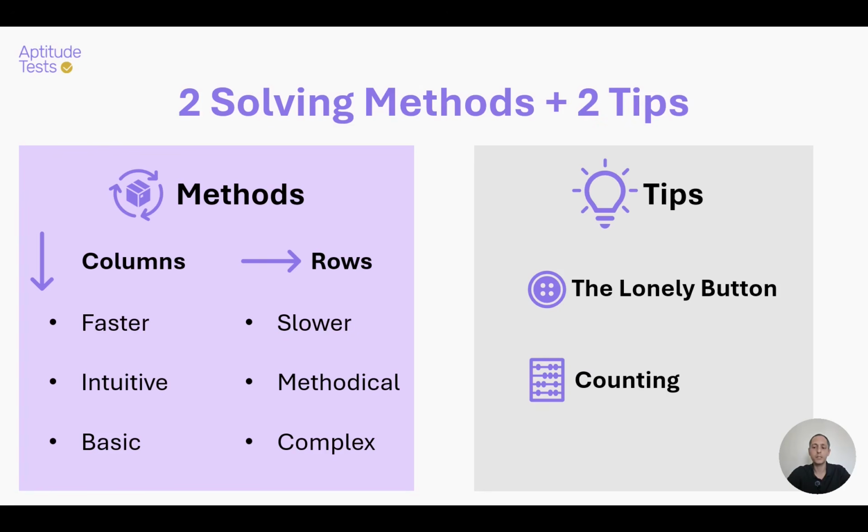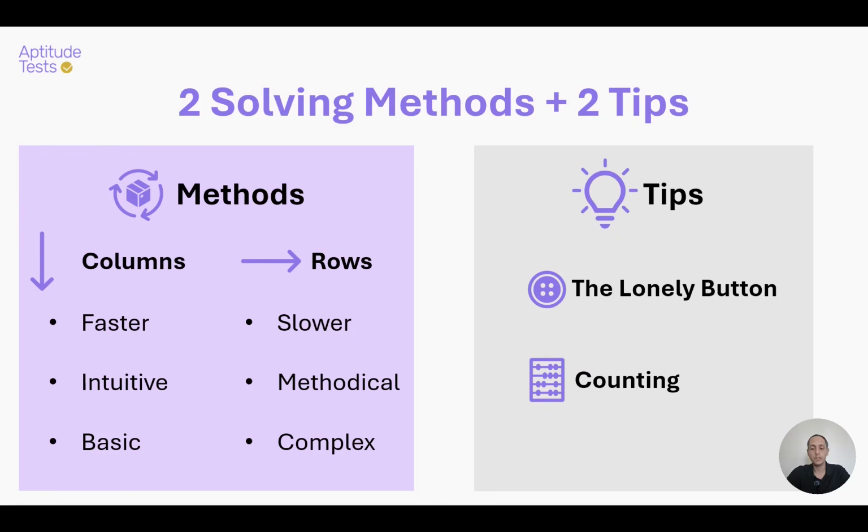The columns method is faster, it is more intuitive, it requires you to keep much more information in your head at every time, and therefore it is more suitable for basic questions. The rows method, on the other hand, is slower, it is more methodical, and it does not require you to keep big amounts of information in your head, and therefore it is more suitable for complex questions.